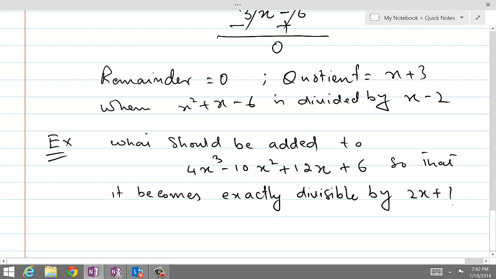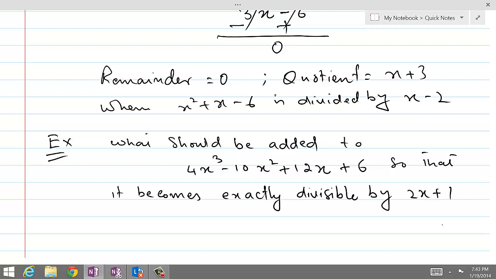Now if this 4x cubed minus 10x squared plus 12x plus 6 is exactly divisible by 2x plus 1, what should be the remainder? The remainder should be equal to 0, like we have seen in the previous question.